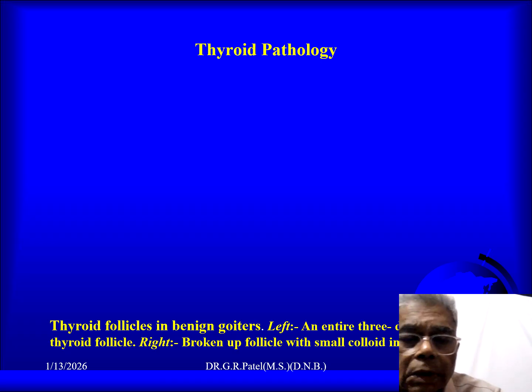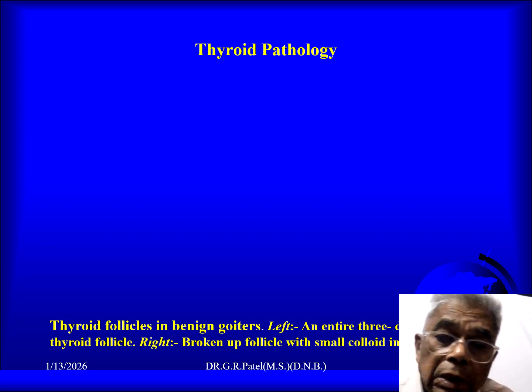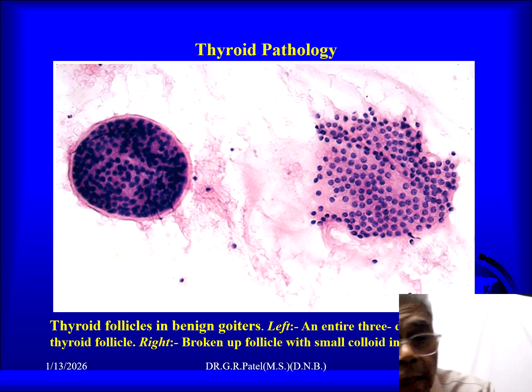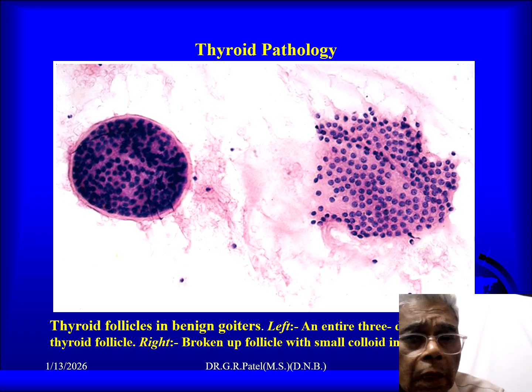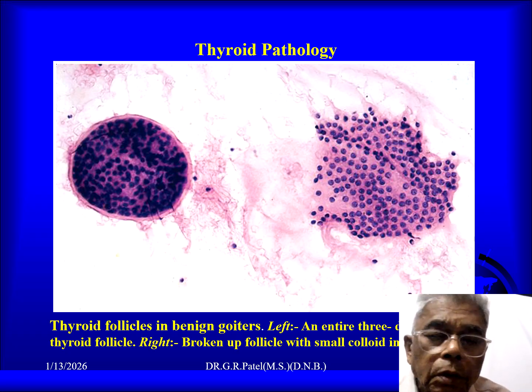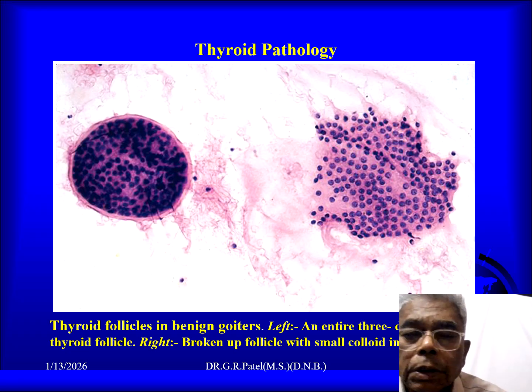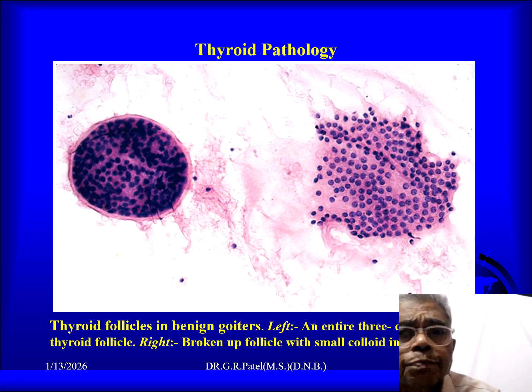Thyroid follicles in the benign goiter. Left, an entire three-dimensional intact thyroid follicle; right, broken up follicles with small colloid.